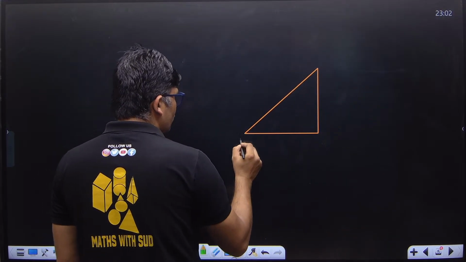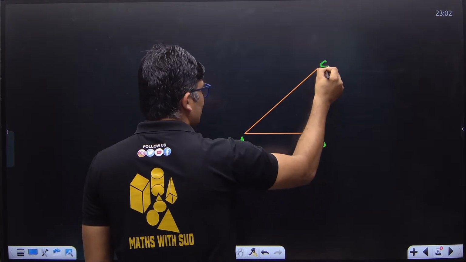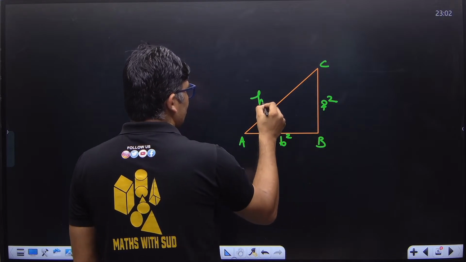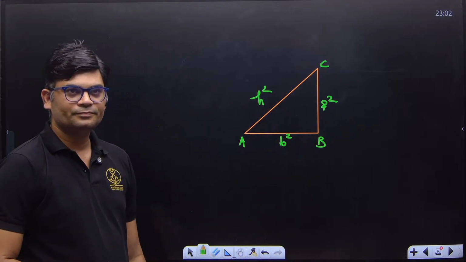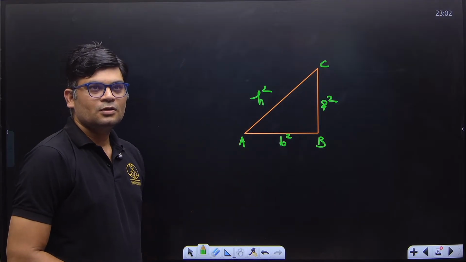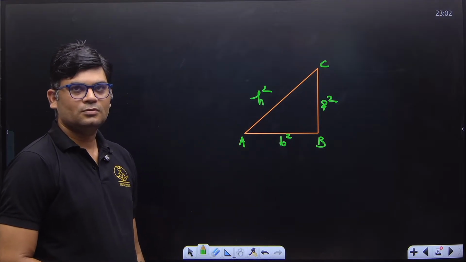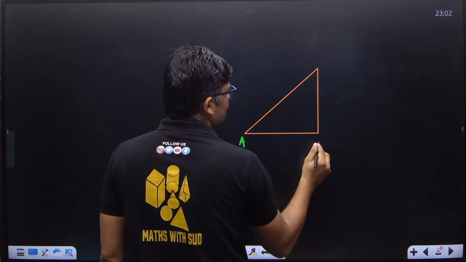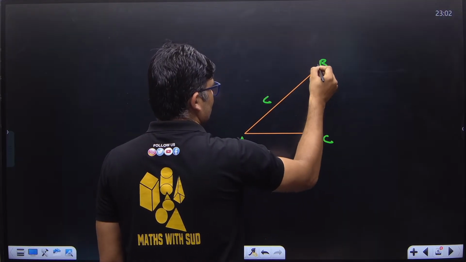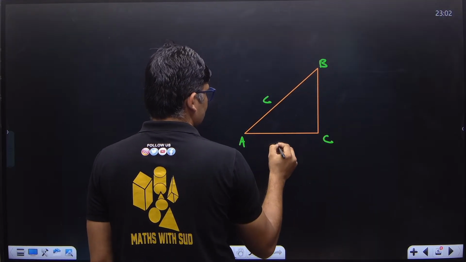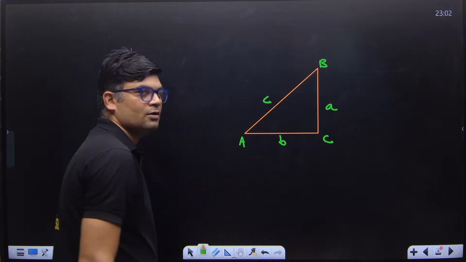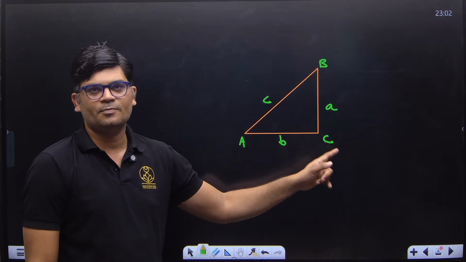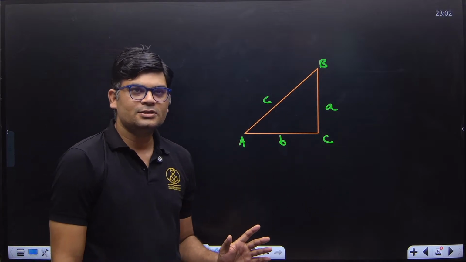You know already the Pythagoras theorem. The Pythagoras theorem says the base square plus perpendicular square is equal to hypotenuse square. A squared plus B squared equals C squared. This will be C, this is B, this is A. The side opposite to angle A is known as small a, the side opposite to angle B is small b, the side opposite to angle C is small c.